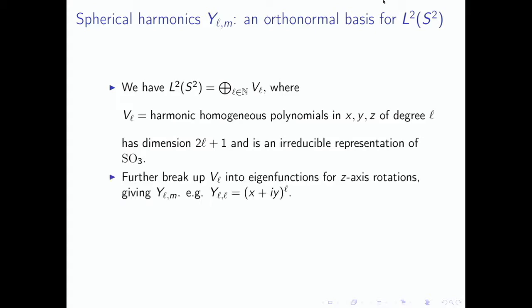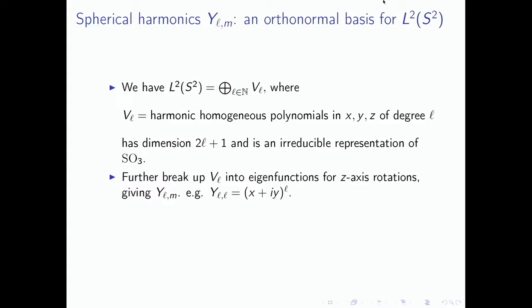For each one of these, you can look at how rotation on the z-axis acts, and you break it up into eigenspaces for rotations around the z-axis. Each one of these V sub L has a basis called the spherical harmonics Y sub L M, where the M indexes what your eigenvalue is under z-axis rotations.